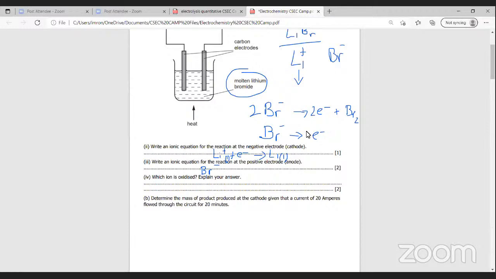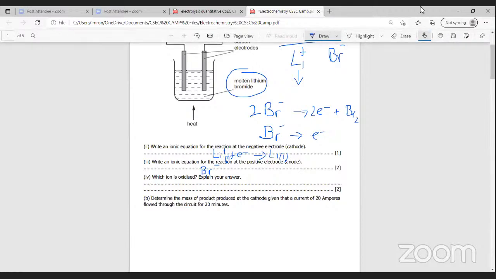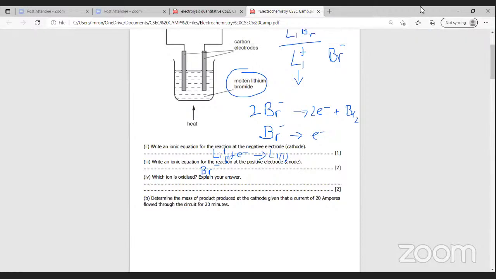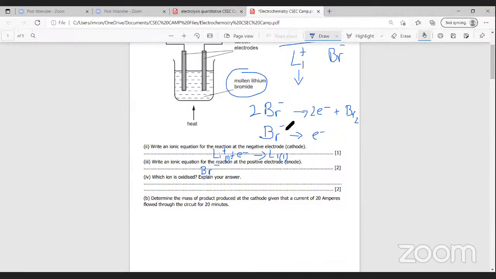So if we look at it here, Br minus, because it's just one negative charge, is going to give up one electron. And of course, you now form neutral bromine.